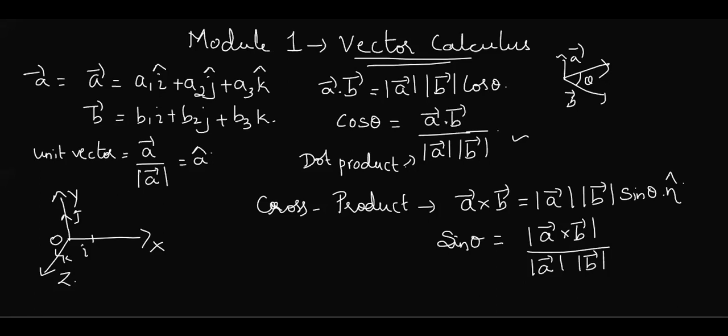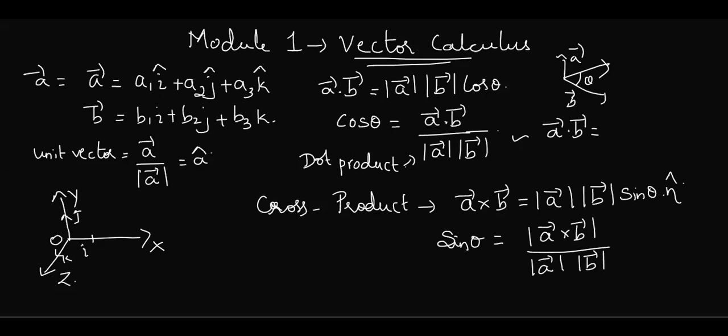Now coming back to this dot product again. Suppose I have two vectors which are defined like this. I don't know what is the angle between them and all that, but I know the representation in terms of i, j, k. How can I take A dot B?